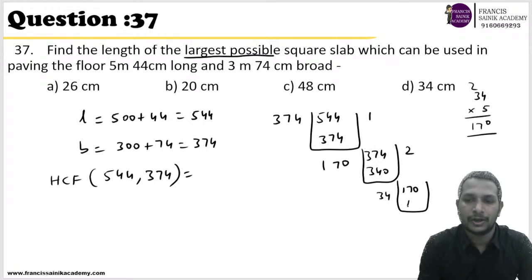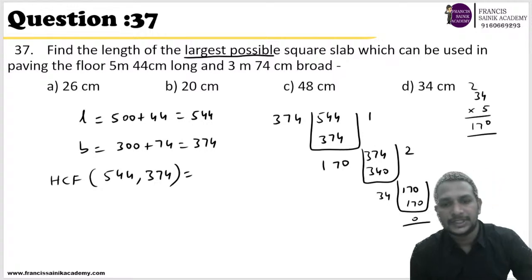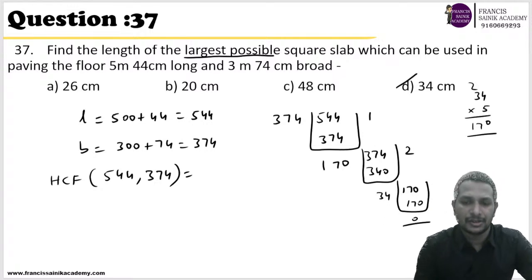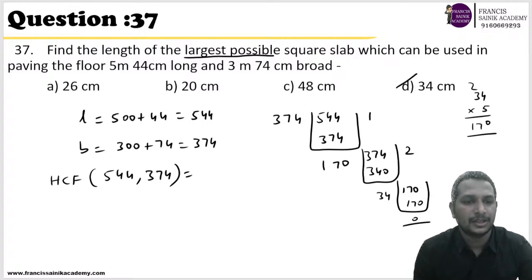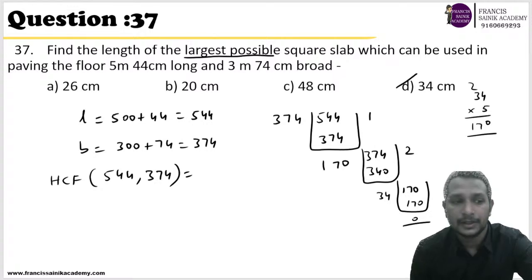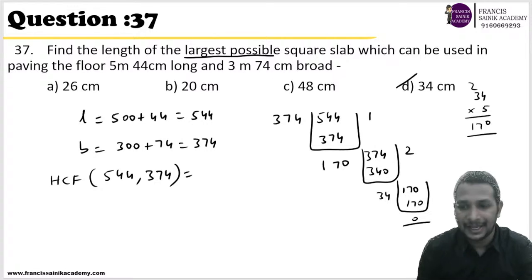The HCF comes to 34. Largest possible length is how much? 34. Okay, so here the thing is clear. Got the largest possible length as 34.